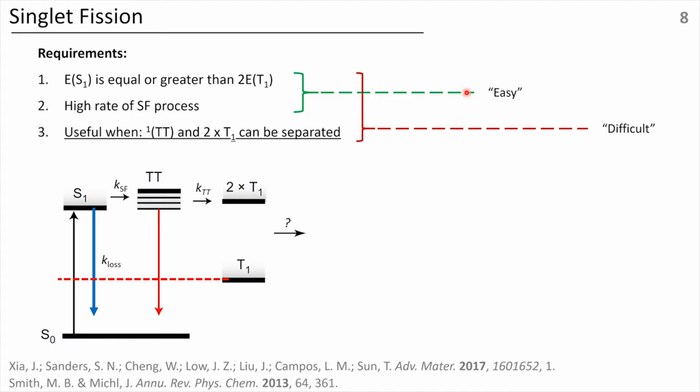There are a lot of molecules that can do this. However, it's satisfying all three requirements, where we actually make use of the energy we get from singlet fission, which is represented by this third point, that's what's actually difficult. So it's not a matter of finding molecules that can do it, it's a matter of finding a combination of techniques and a combination of molecules in a device.